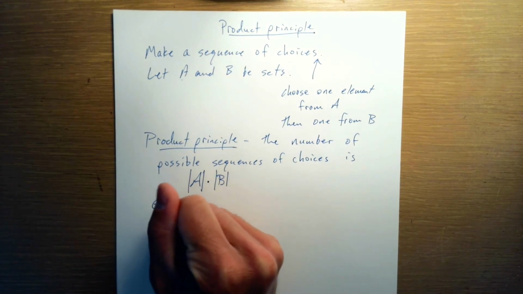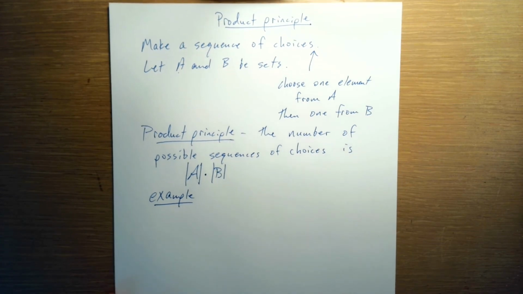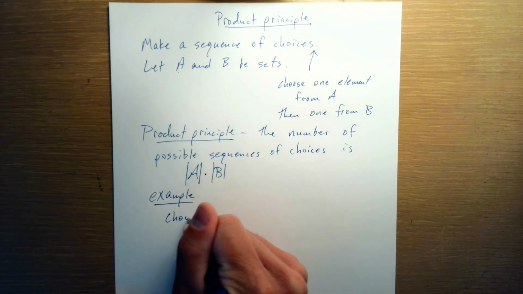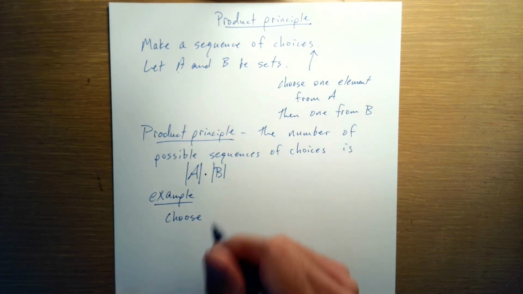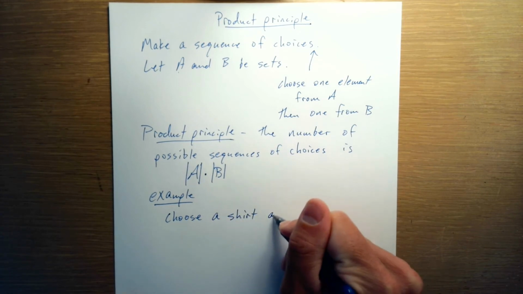So let's follow a similar type of example as before. Let's say again, we're still getting ready for the day, but we're not going to choose shoes. We're going to choose our outfit for the day. So we have shirt and pants.